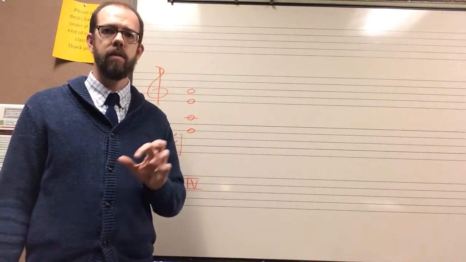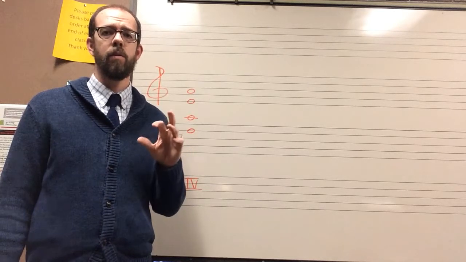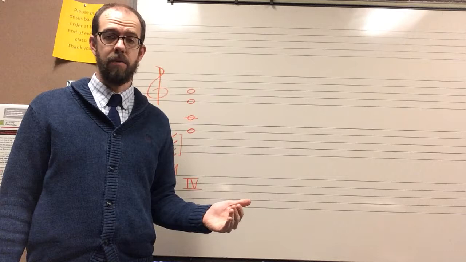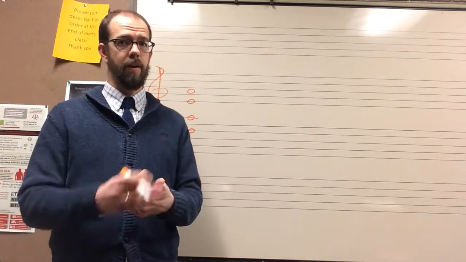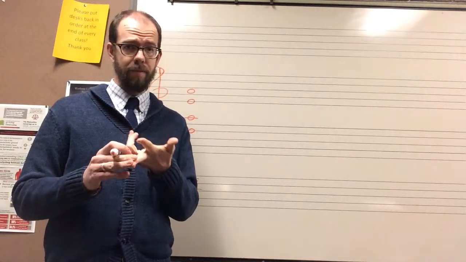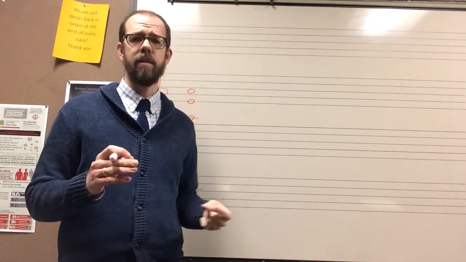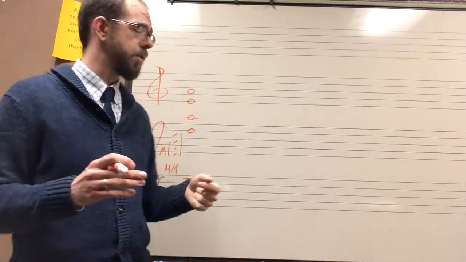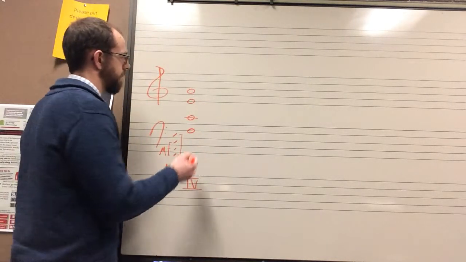With each of these diatonic sevenths, one thing to keep in mind is that the 7th is always going to resolve downward. We've talked about that already with 5-7, with 2-7, with 7-7. That's a consistent pattern that the 7th of the chord resolves downward. And this chord is no exception.